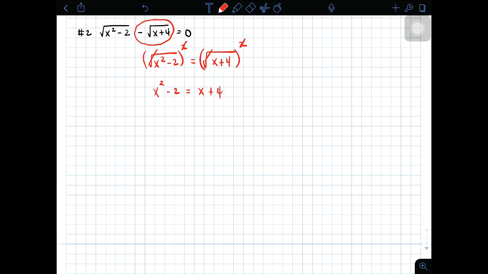As you can see, we can form a quadratic equation. So we have x squared minus x minus 2 minus 4 is equal to 0. So the final quadratic equation is simply x squared minus x minus 6 is equal to 0.